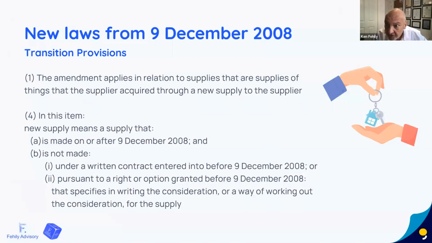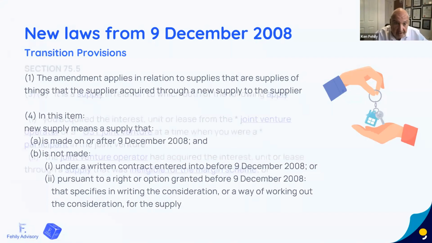Did you buy it after 9 December 2008? Because I can't tell you whether you can use the margin scheme unless you tell me. If you bought it before 9 December 2008, you can. If you bought it after 9 December 2008, then you have to go to this.